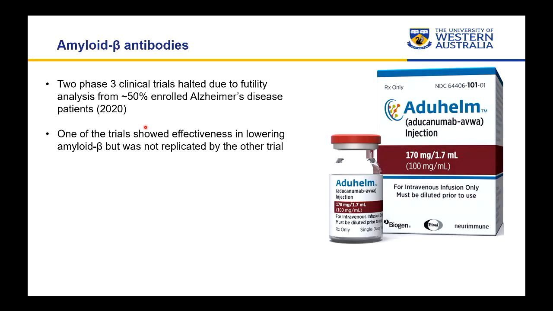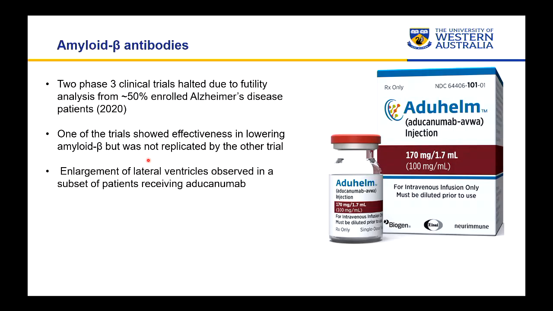Some of the studies showed effectiveness in lowering amyloid beta, but a lot of this wasn't replicated in other studies. So even though it lowered amyloid beta in some trials, in others it didn't do anything to amyloid beta. And in one study in particular, it showed that after taking this drug, there was an enlargement of the lateral ventricles in a subset of patients.